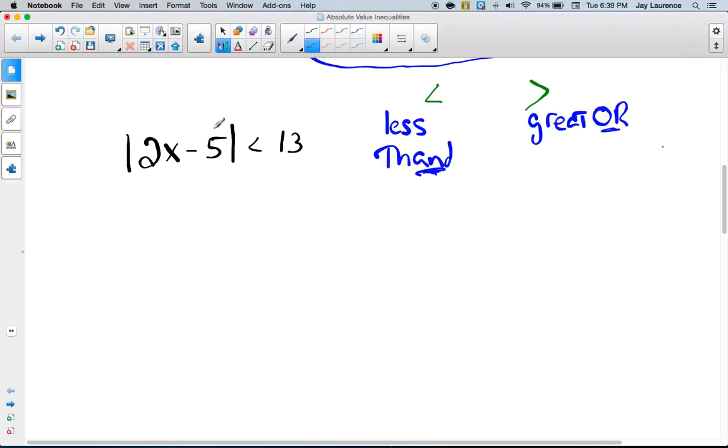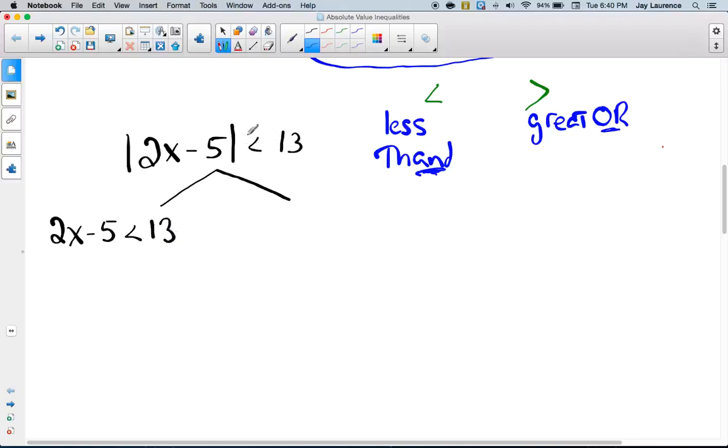So I'm going to come over here, and I'm going to solve this absolute value inequality. First thing I do is break it up into 2 pieces. I translate it. So I'm going to go 2x minus 5, and that is going to be less than 13.